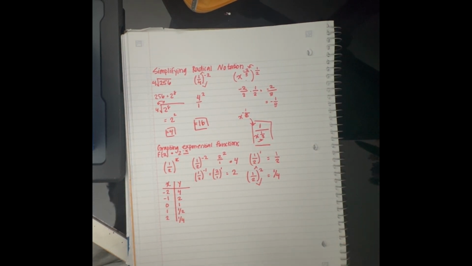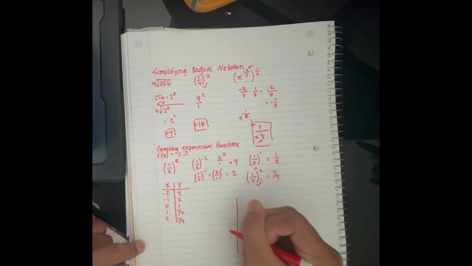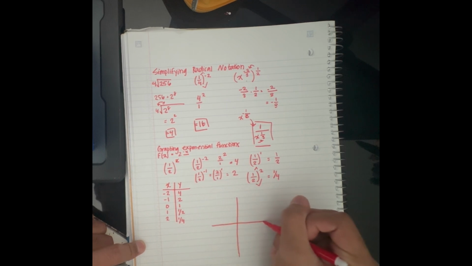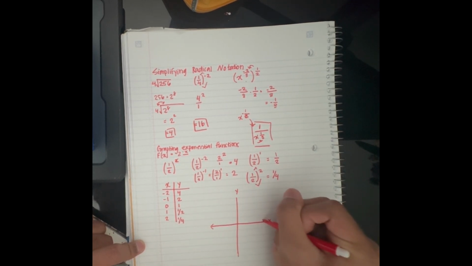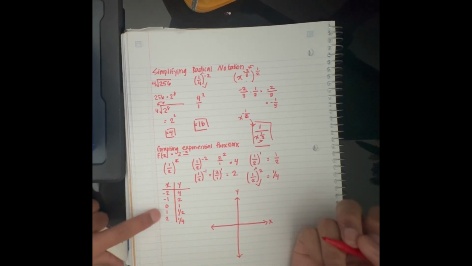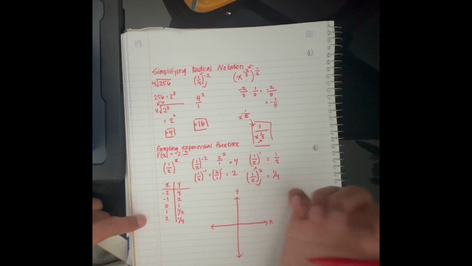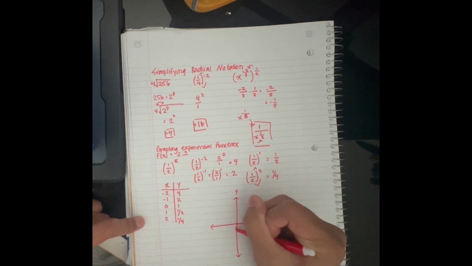So how we do this is we're going to make a graph. This is our y, this is our x. And we're just going to plot our points using what we just made. So we need to go all the way up to 4. So this is going to be 0.